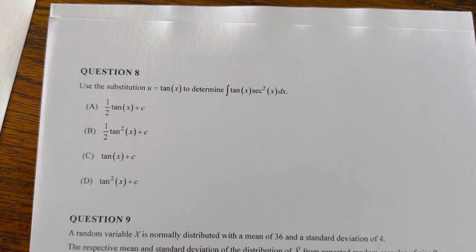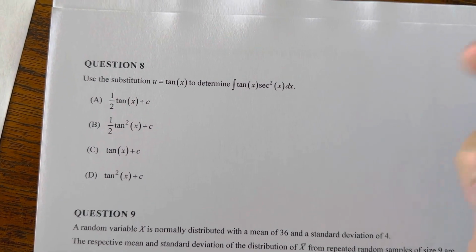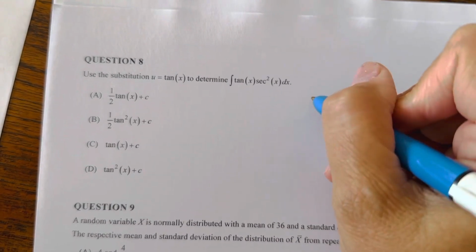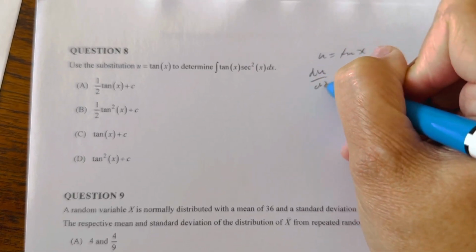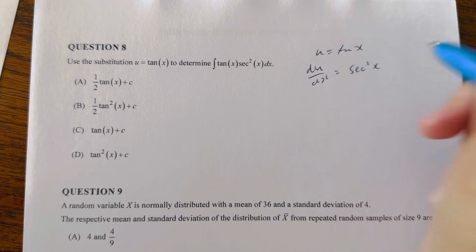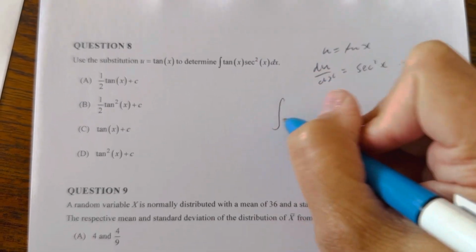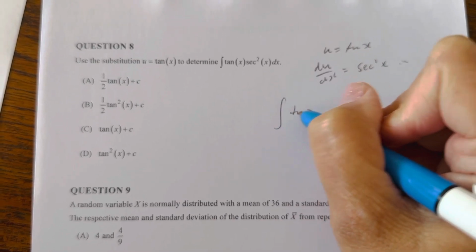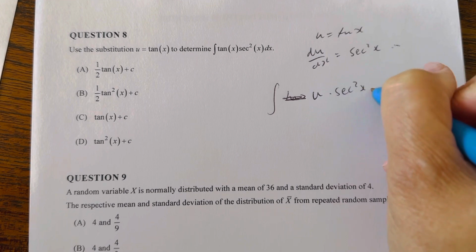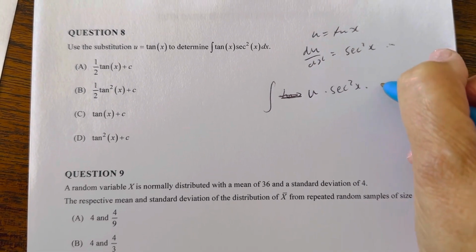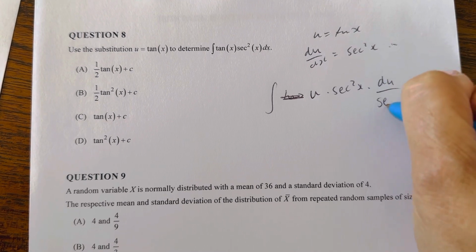Question 8. It's an integral. We want to use a substitution. We're going u is tan x, so du dx is sec squared x. This is on the rule sheet, so no need there. So when we sub it in, tan x is u, sec squared x by, instead of writing dx, I'm going to write du over sec squared x.